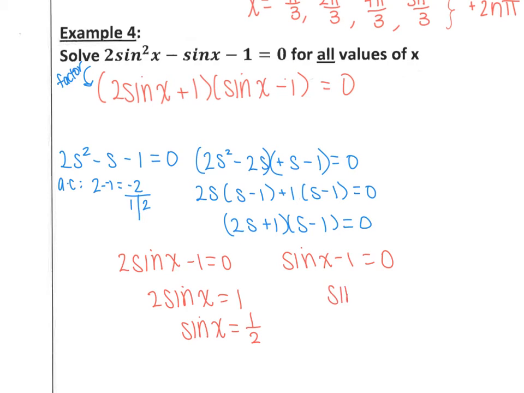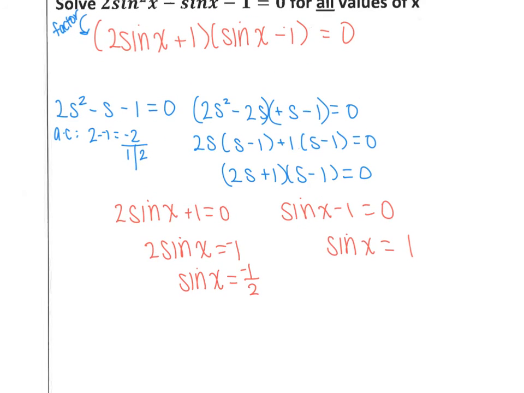Over here we have sine of x. Oops, that was plus, that's minus, that's negative 1/2. And then over here we have a plus 1. So then we're trying to find our x values that equal 1. So for our negative 1/2, we have x equals 7 pi over 6, 11 pi over 6.